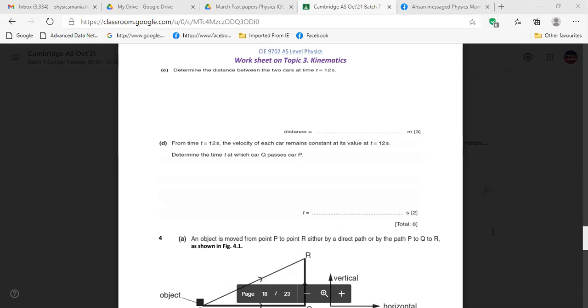Sir, to find the distance, if we use distance and speed, then we can find the time. Okay, do it and then tell me. Sir, what will I do next?